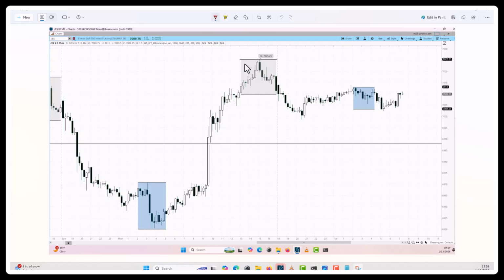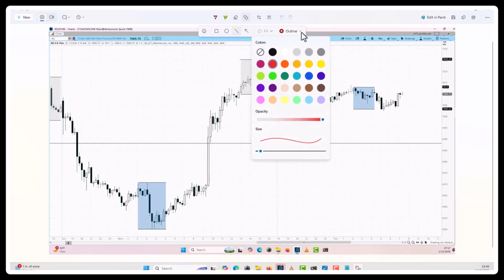It sweeps the buy side liquidity. So it's going to be a retracement and make a leg up, or it's going to make a leg down from here. So let's draw the level right here.